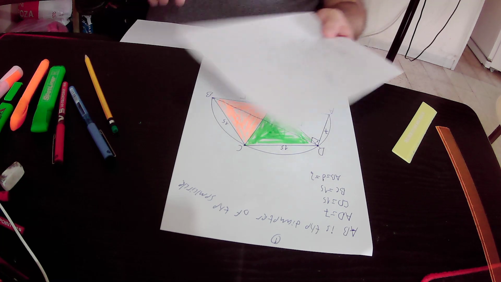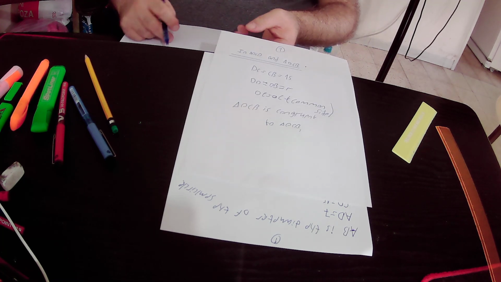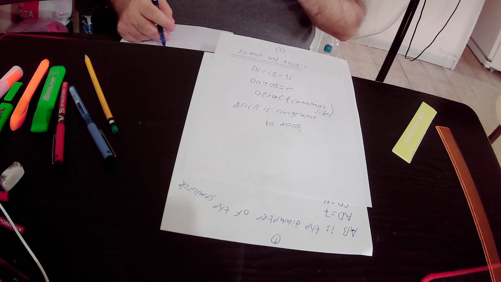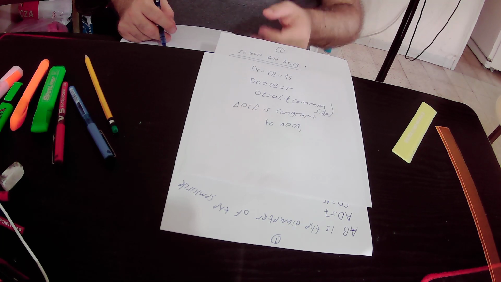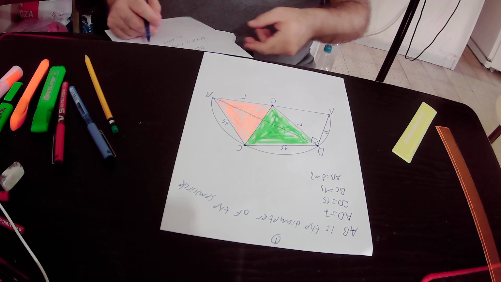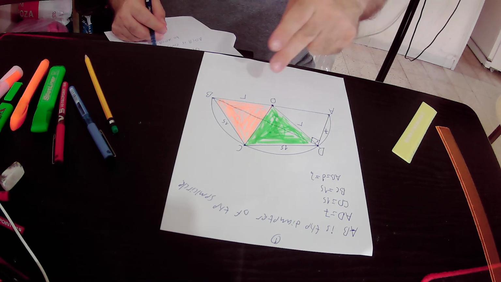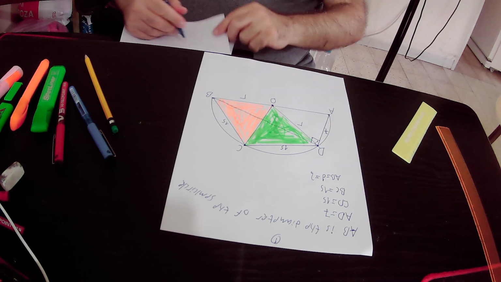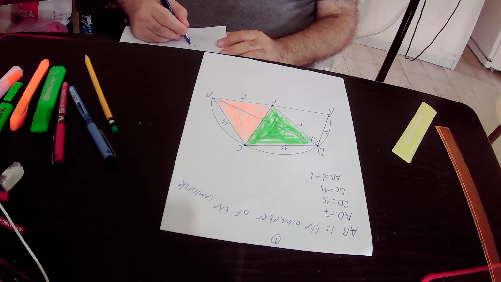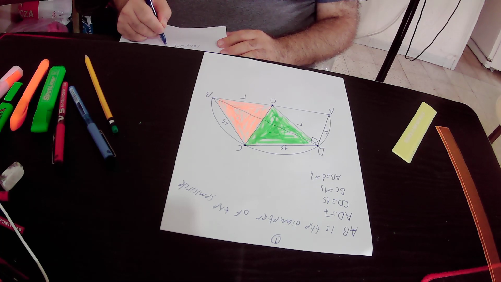Again, triangle OCB, the green triangle, is congruent to triangle OCB, the orange triangle, according to side rule.